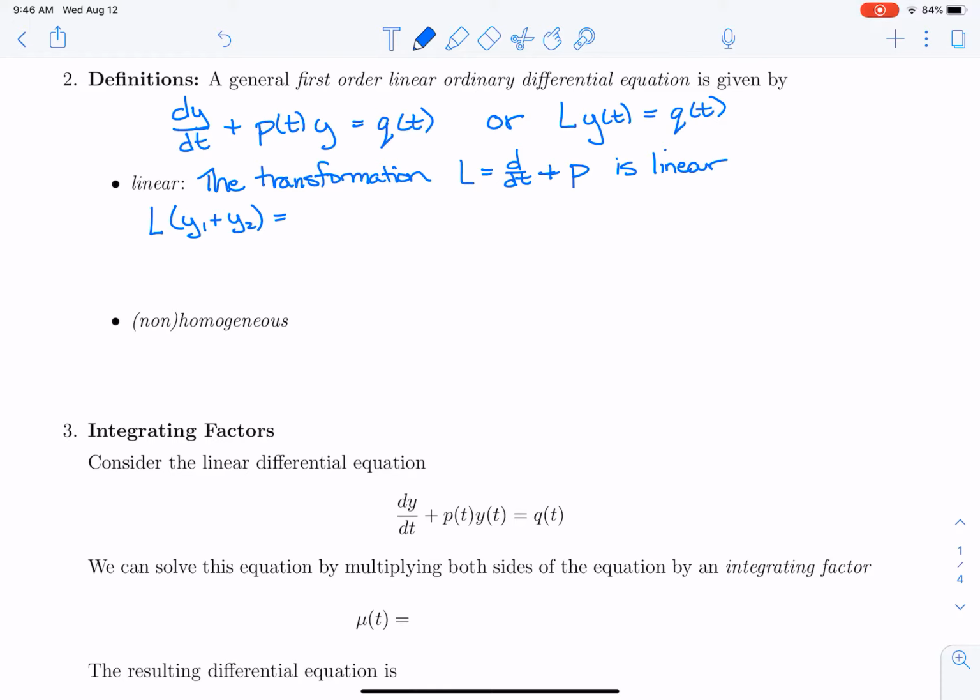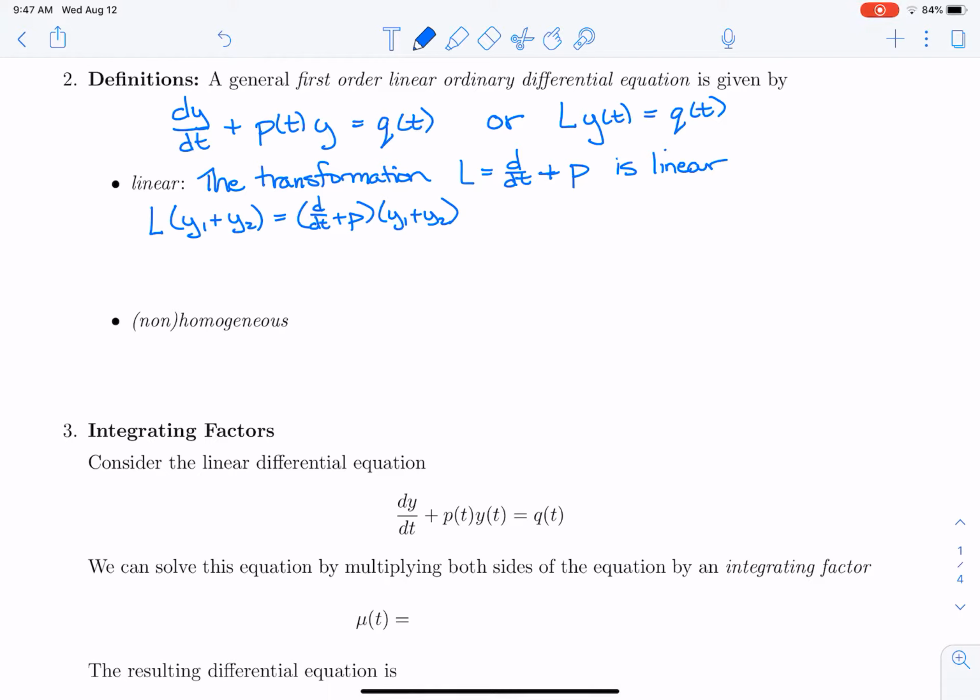Okay, so is that going to be the case? So I'm going to do the derivative plus p to y1 plus y2. And you're thinking about y1 and y2 as being two vectors in our vector space. What is our vector space here? Well, it is the vector space of differentiable functions.